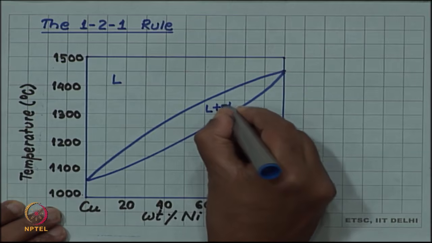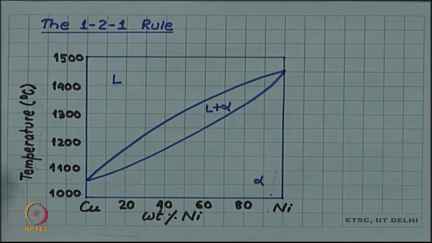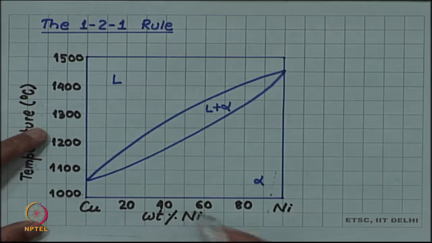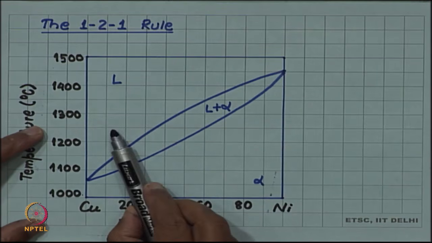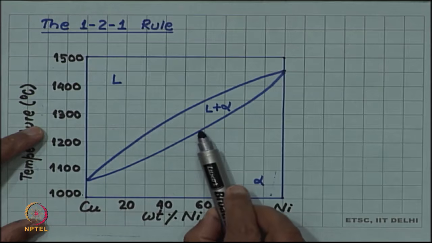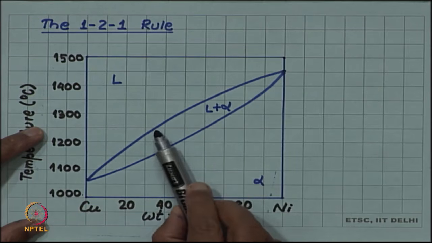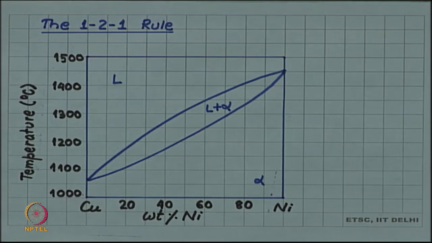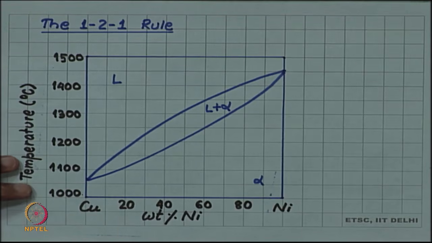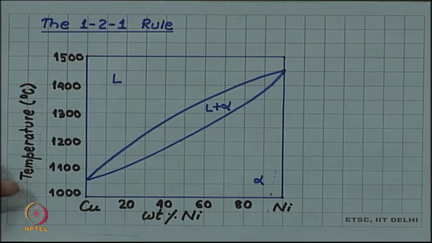We have only looked at this phase diagram as yet, but you must notice that on the left hand side is the liquid phase, on the right hand side is alpha phase, and in between liquid plus alpha phase is there. This is not by accident, but this is always going to be true in a binary phase diagram. So, we write it as a rule.